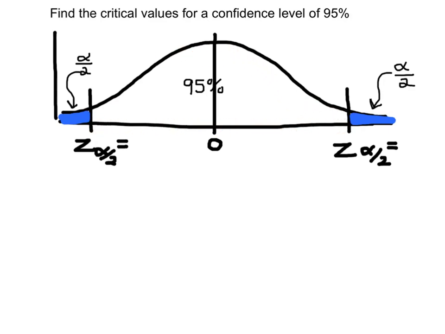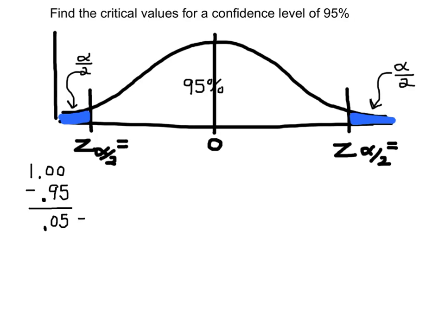Okay, so when we talk about 95%, that's the same as 0.95, and if 100% is 1.00, we take 1 and subtract 95%, and we get 0.05. That's what's left over.